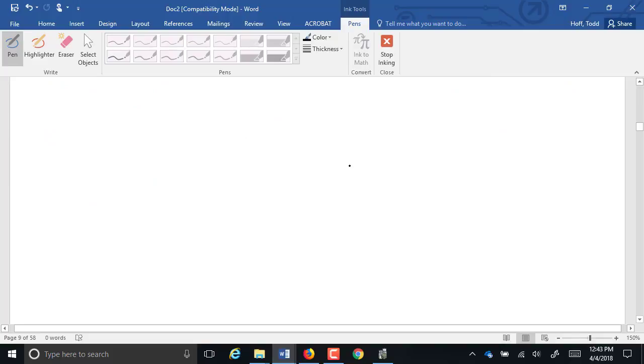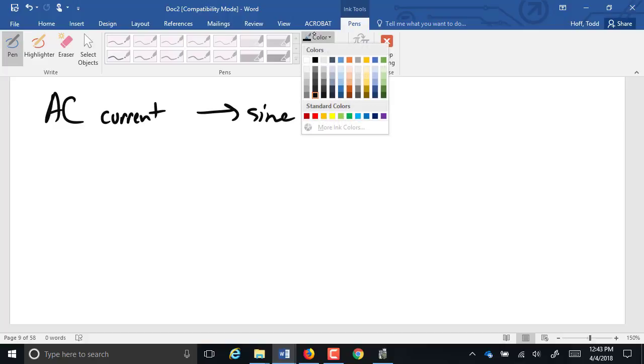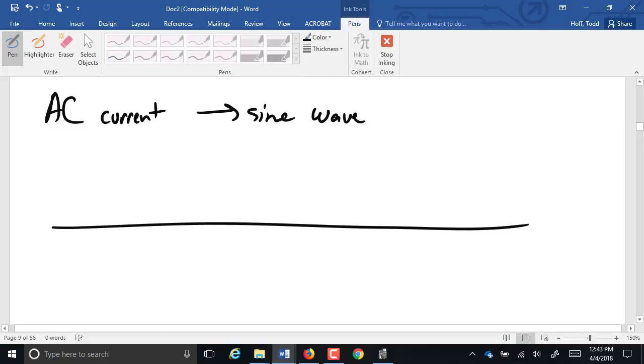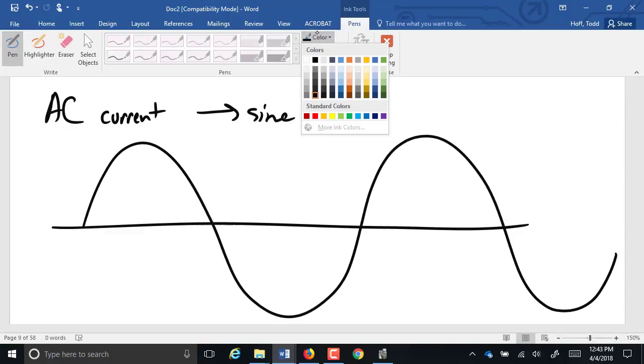Today we're going to shift gears a little bit. Obviously, we're talking about AC current right now. AC current is that sine wave. And when we're dealing with AC current, we talked about the amplitude of the wave and all that.